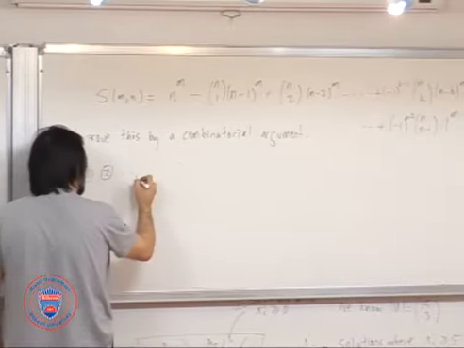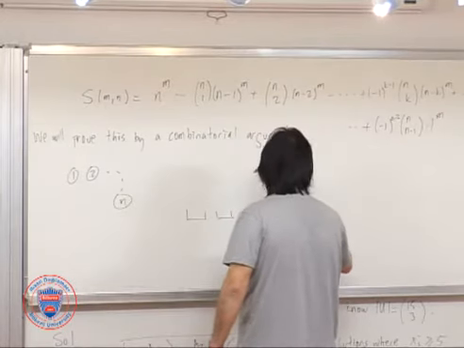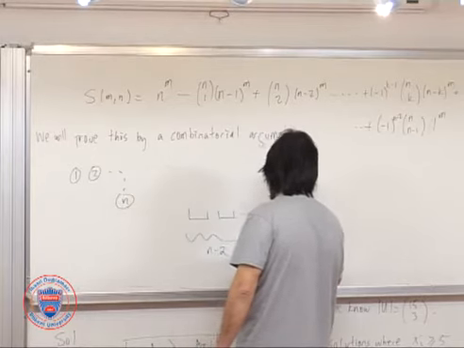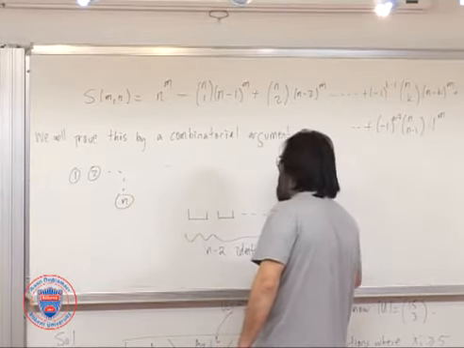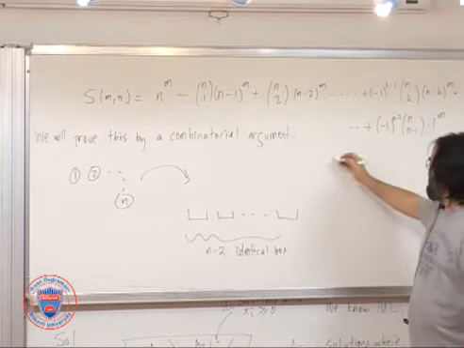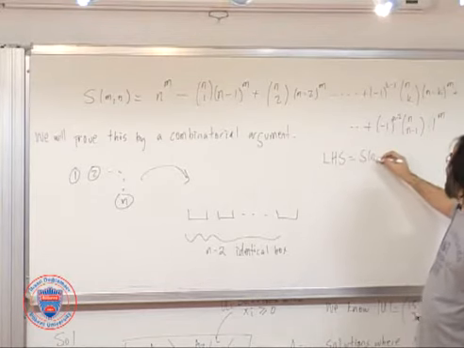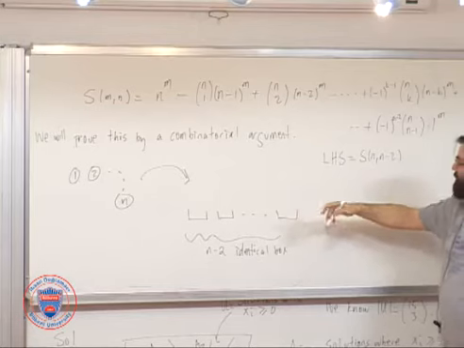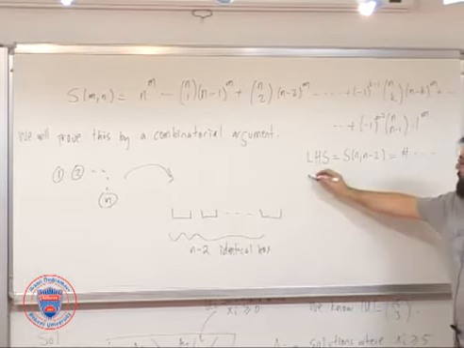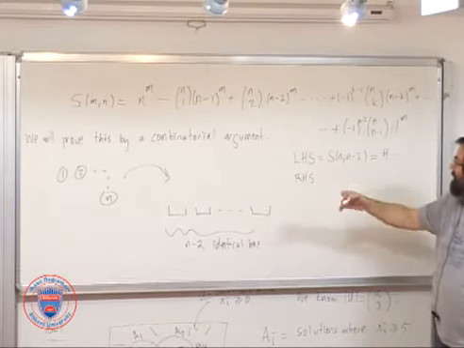n distinct objects to n minus 2 identical boxes. So if you can find a good way of explaining this, the left-hand side of this formula is this number, the number of distributions, and the right-hand side is that thing.